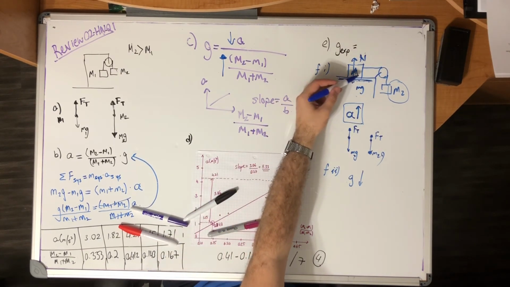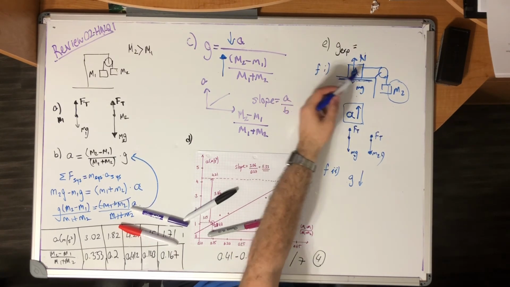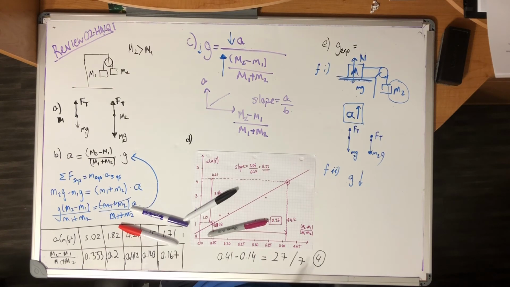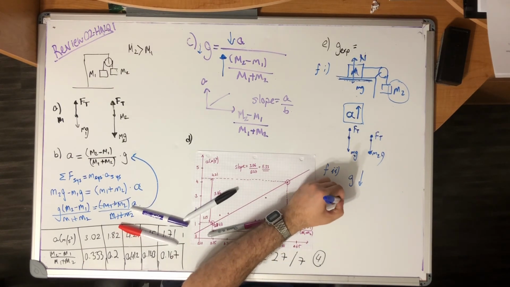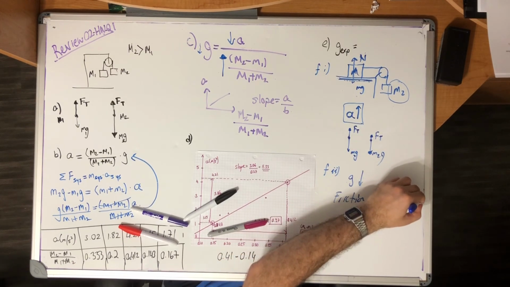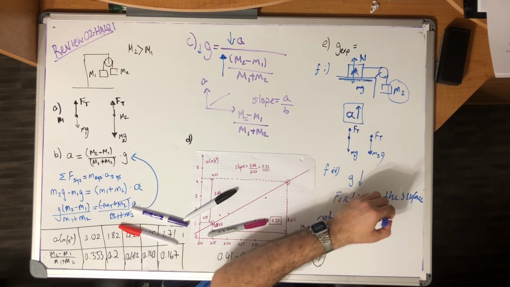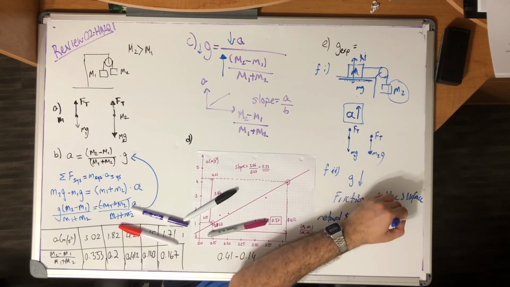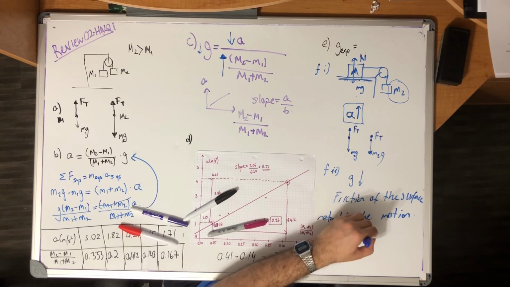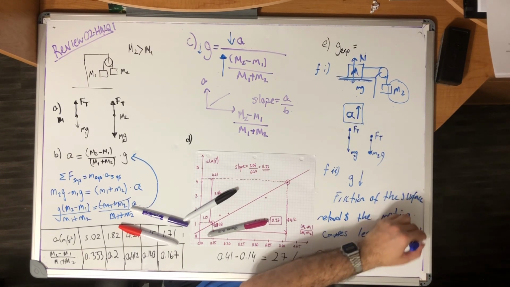This is going to retard the motion a little bit, and that's going to create less force in the system and less acceleration, so you are going to get less G. So friction on the surface retards the motion, causes less acceleration, and that basically results in less G.